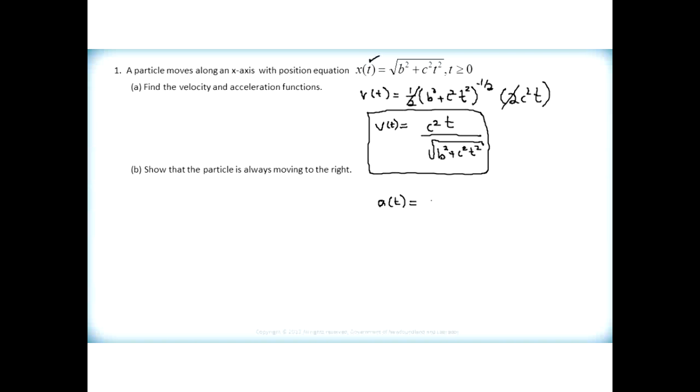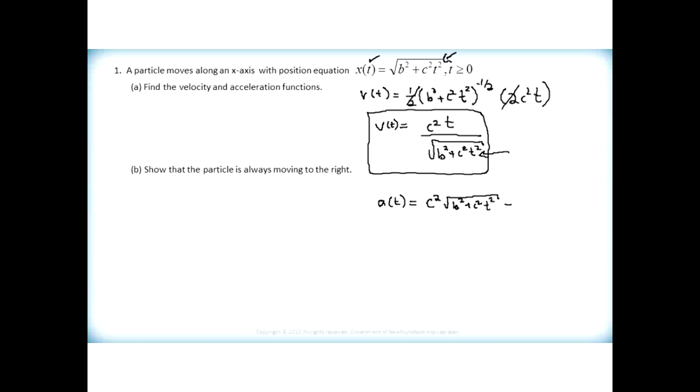The derivative of my numerator, c squared is constants, so that times t will have a derivative just of c squared, multiplied by the denominator, which is this stuff, b squared plus c squared t squared, minus the derivative of my denominator. My denominator is actually, if you look carefully here, exactly the same thing as our very original function that we started with, isn't it?